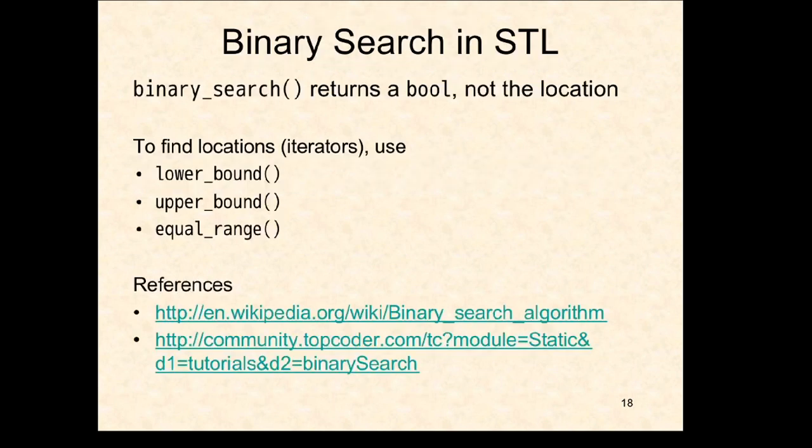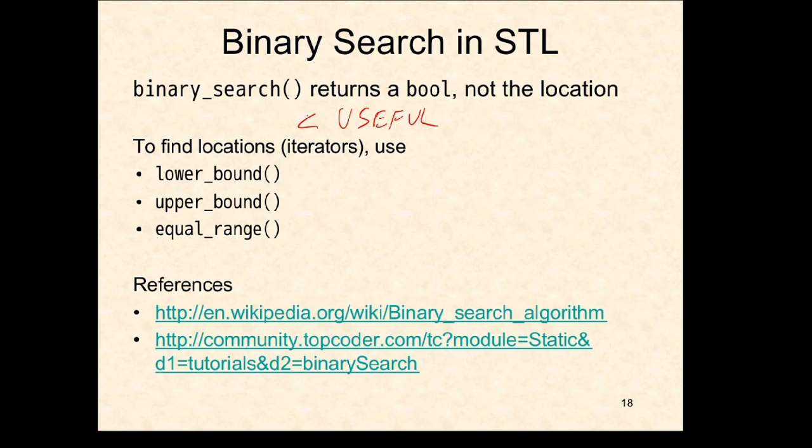Okay, so the STL has a function called binary search. Binary search, I would say, is less than useful. Binary search in the STL returns a Boolean. It says true or false. It's in there or it's not in there. What the STL also has is lower bound, upper bound, equal range, and you can look these up.